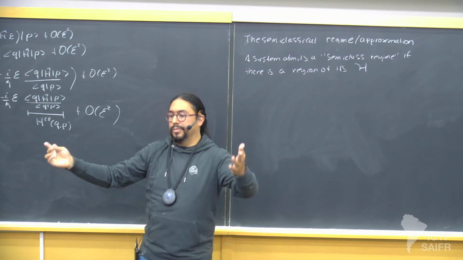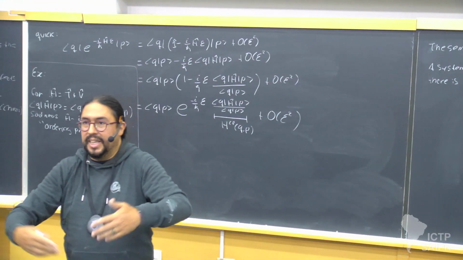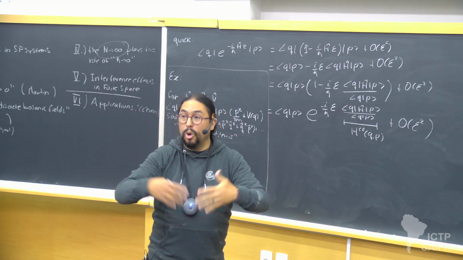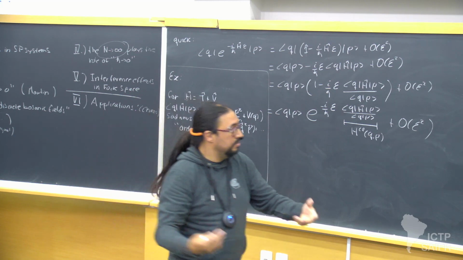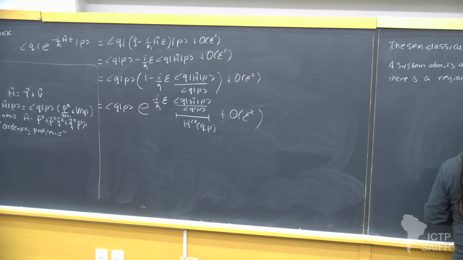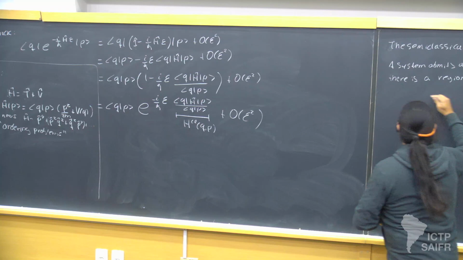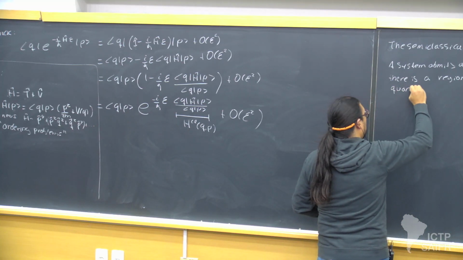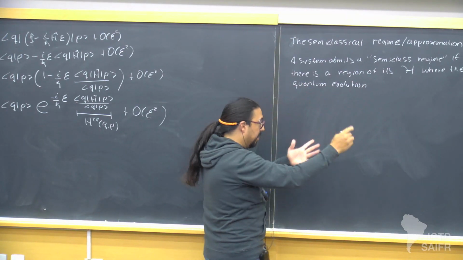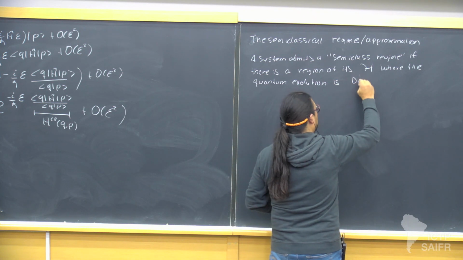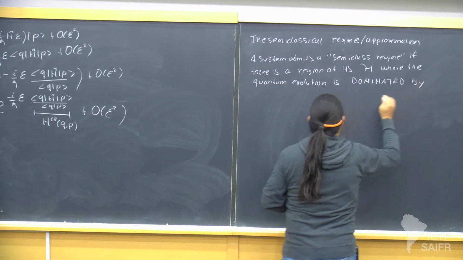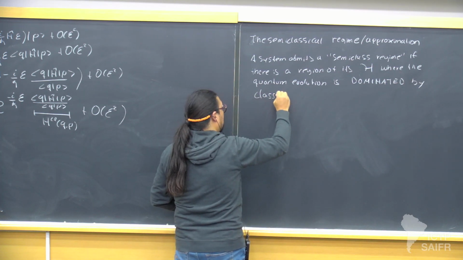Hilbert space is the space of states of the system. So what I'm saying is that a system admits a semiclassical regime if there are a bunch of physical states of the system in its Hilbert space where the quantum evolution, the dynamics, meaning the propagator, is dominated by classical paths.